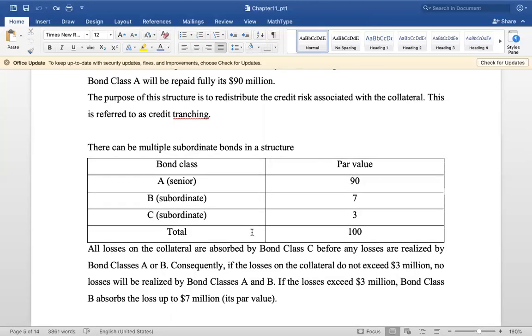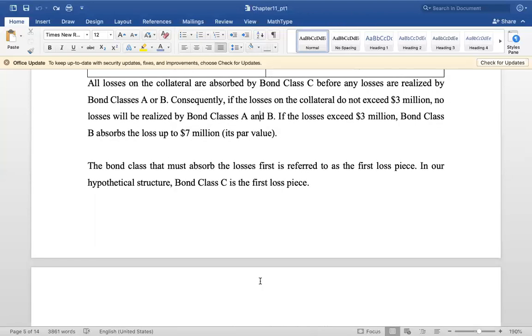There can be multiple subordinate bonds in a structure. So instead of just B, we can have bond classes B and C. So here the losses will be first borne by bond class C. And if there are some losses above 3 million, then they will be borne by B, and A will not bear any losses until and unless the losses are above 10 million.